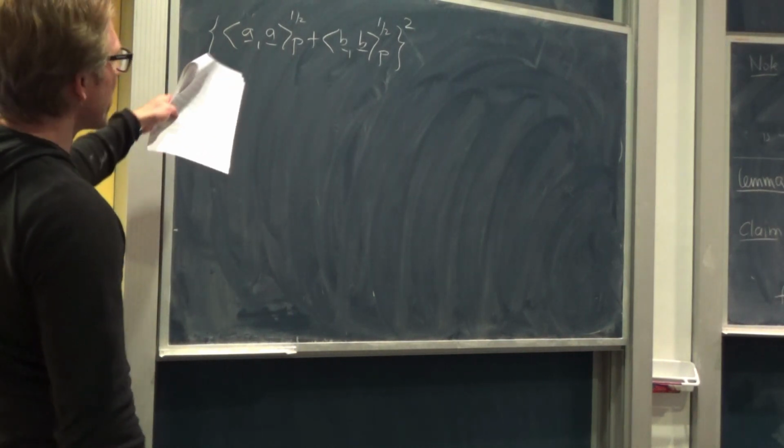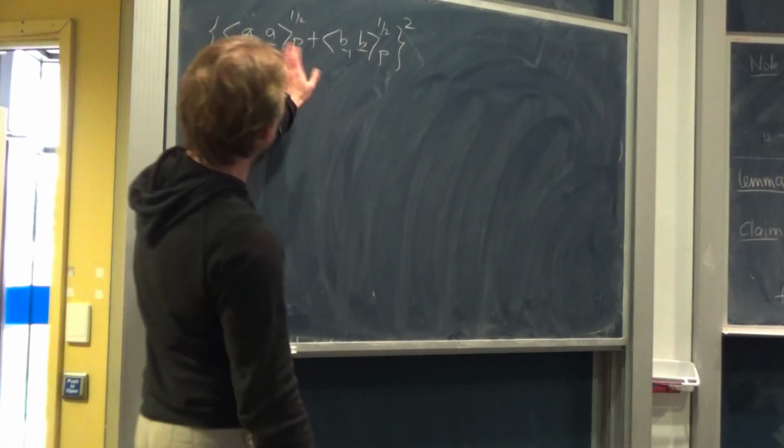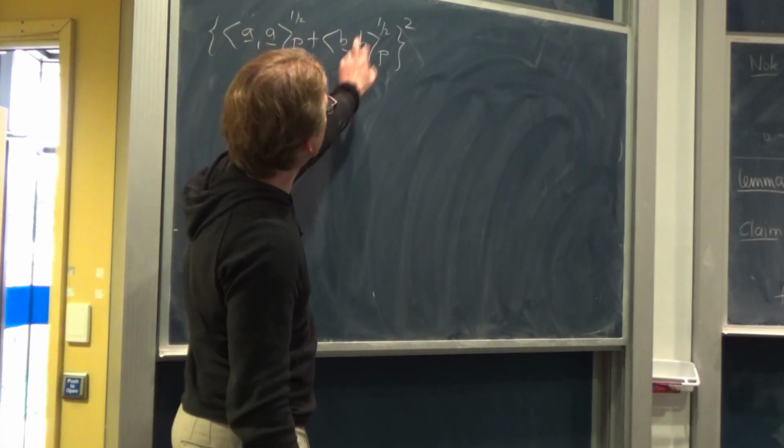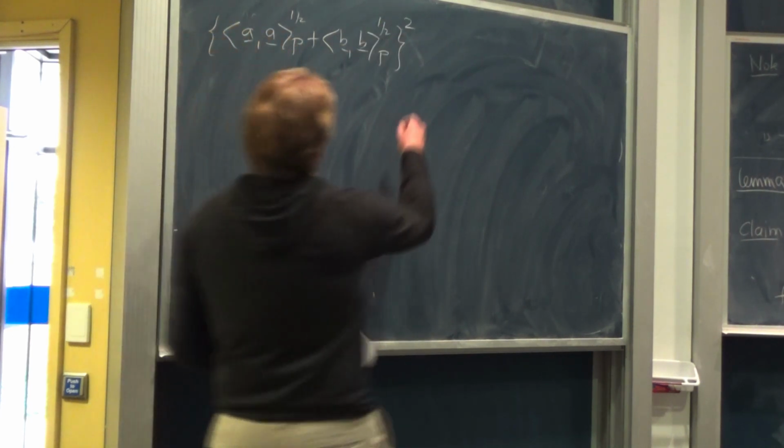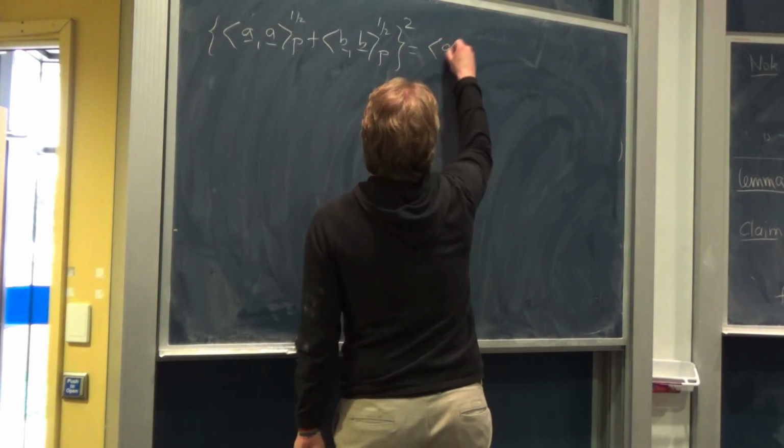Right, so this is one side of the inequality I'm trying to show. This sum of square roots is by definition d_P(x,y) plus d_P(y,z). And then just expanding that out.